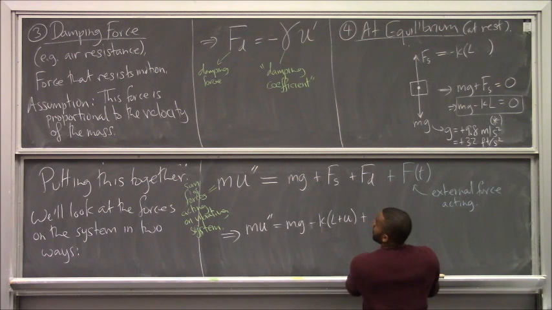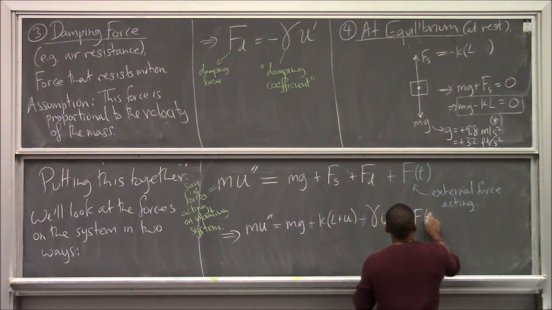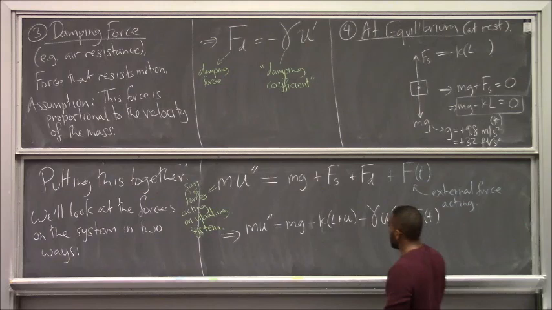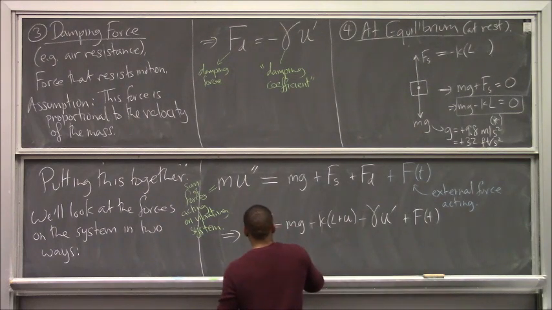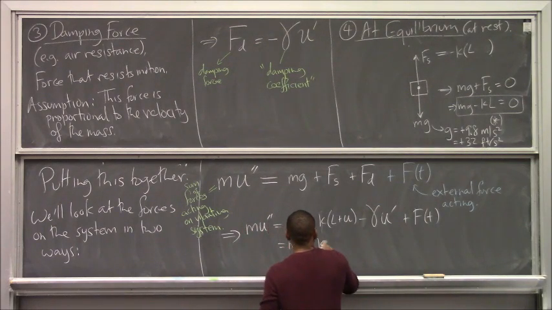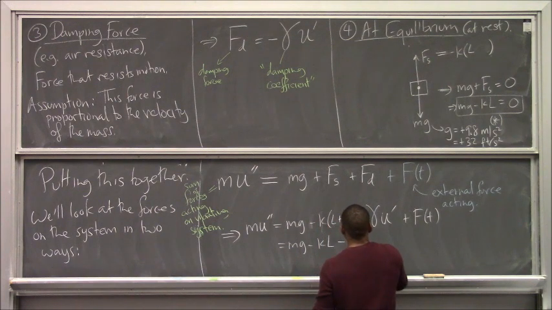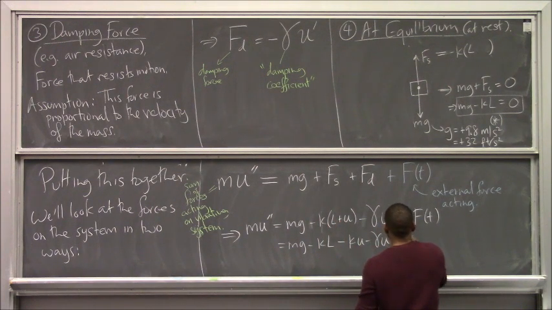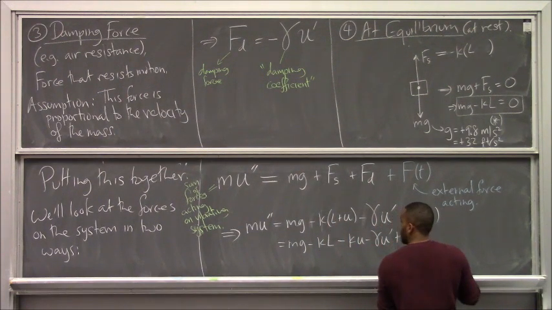Fd, well, this is going to be minus gamma times u prime plus F(t). And what you realize is that here, this is going to be m times g minus k times L minus k times u minus gamma times u prime plus F(t).